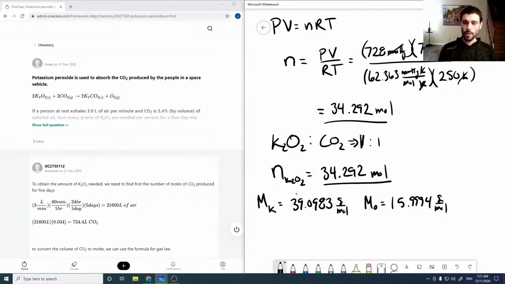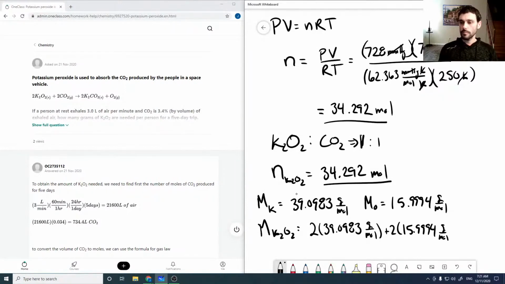And so our molar mass for potassium peroxide is 2 times 39.0983 plus 2 times 15.9994, which comes out to be 110.1954.